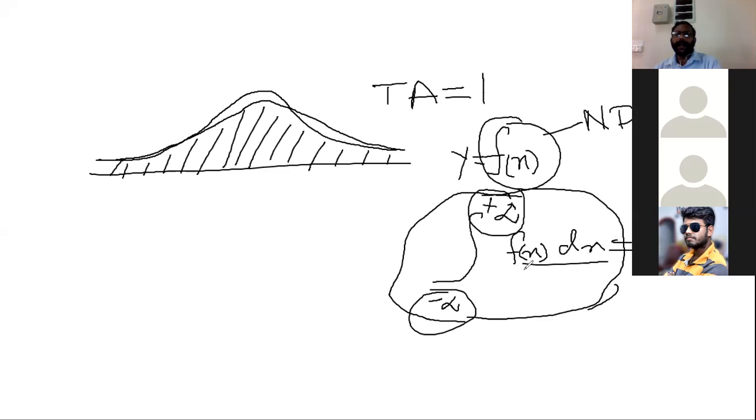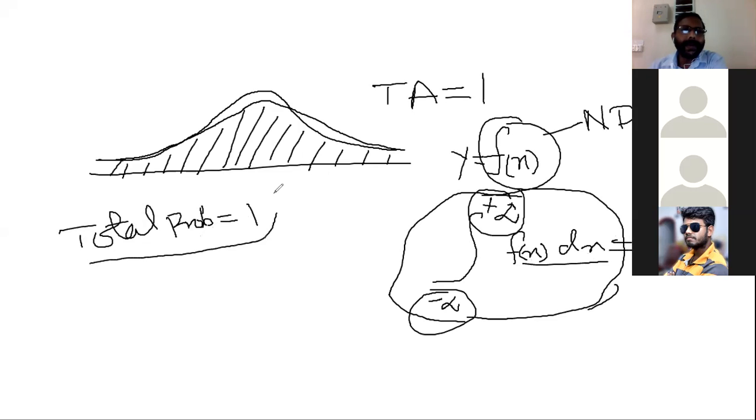So the total area under the curve is 1. In other terms, total probability is 1. Is it clear?